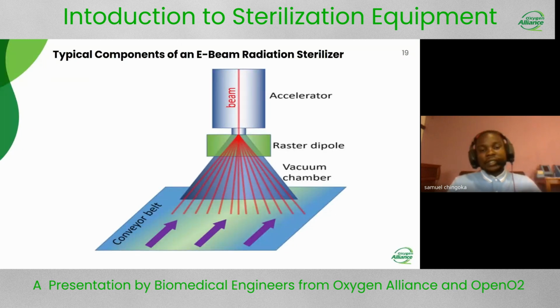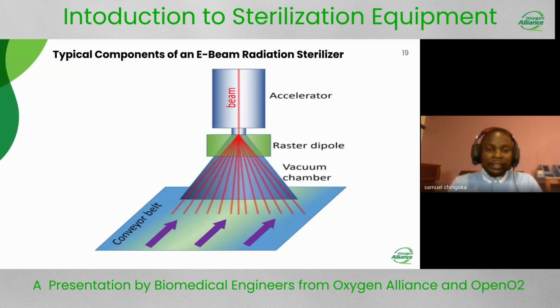And these electrons pass through an accelerator that has a high voltage field, where they are accelerated to high speed, close to the speed of light. After this beam, we find this raster dipole.